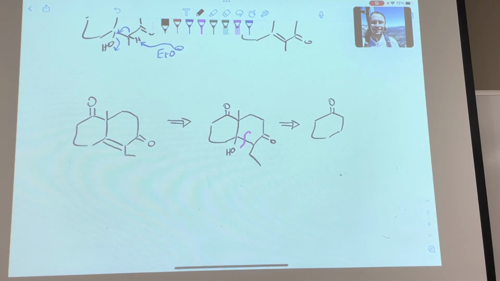Carbonyl there. This is a carbonyl. There's the methyl group, and then attached to the methyl, I have this 1, 2, 3, 4, 5, 6 ring. So if you want, you can number these. Sometimes it's helpful.